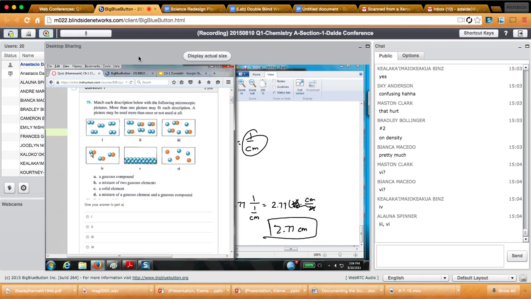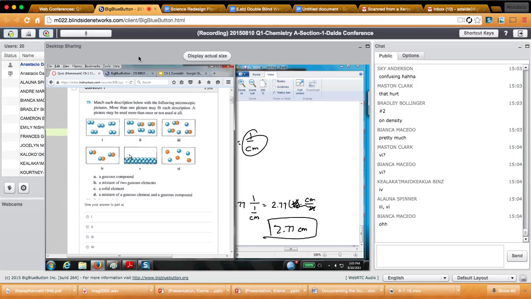Because a compound is a mixture of 2 different kinds of elements. What are we looking at? If this were all separated, that's kind of telling me it's a gas. This right here makes me think liquid or solid. We're looking at states of matter.